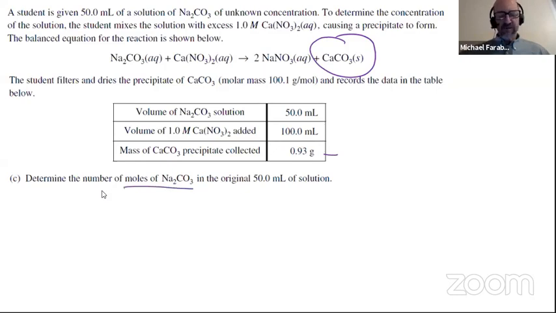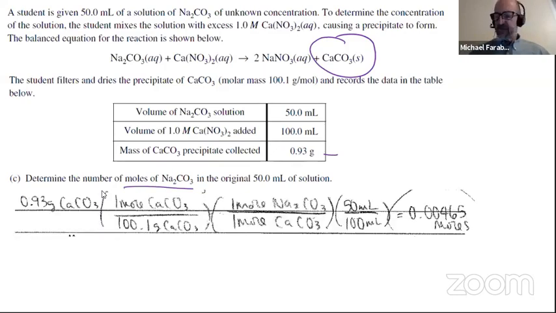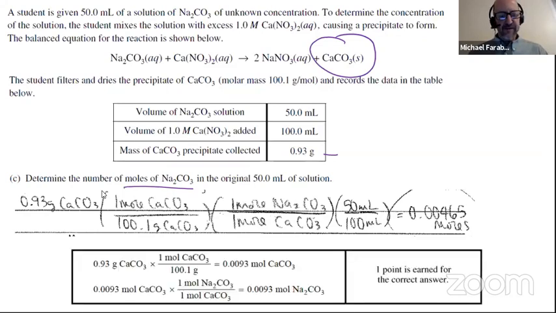Let me reveal the student's work. See if you can take some time to think about how you would answer this question and what the student might have done wrong. So there are the conversion factors, and they have a final answer of 0.00465. All right, here is the official scoring guidelines.